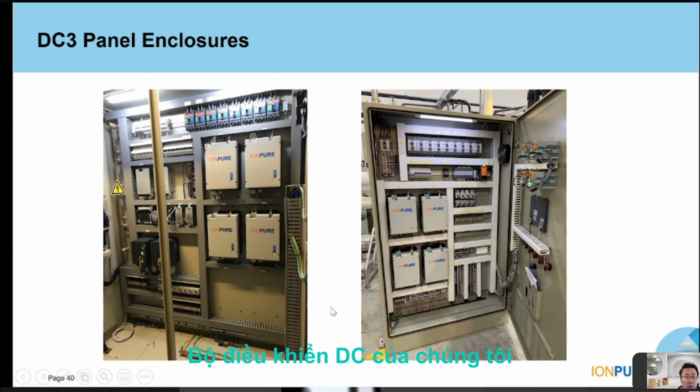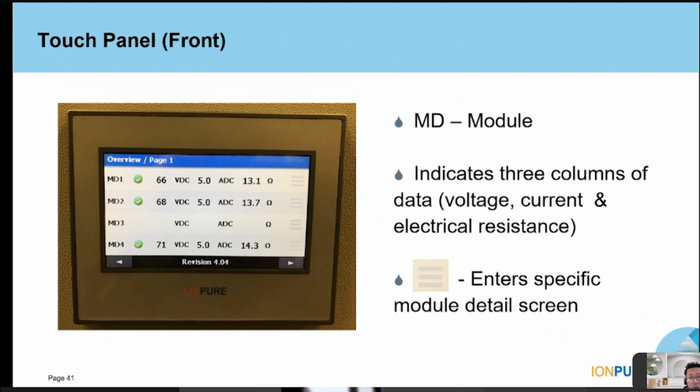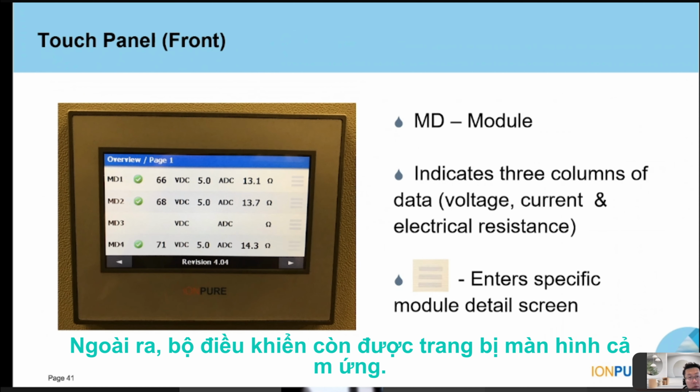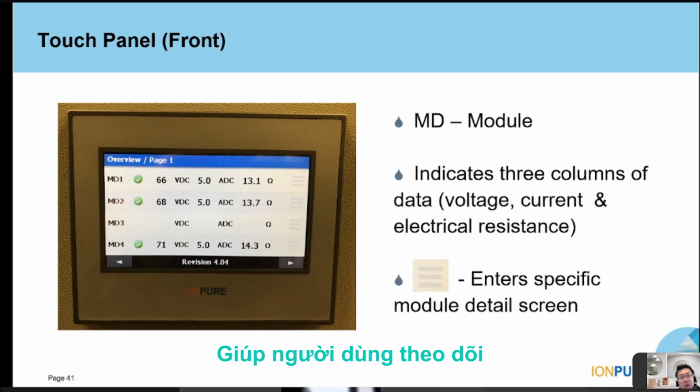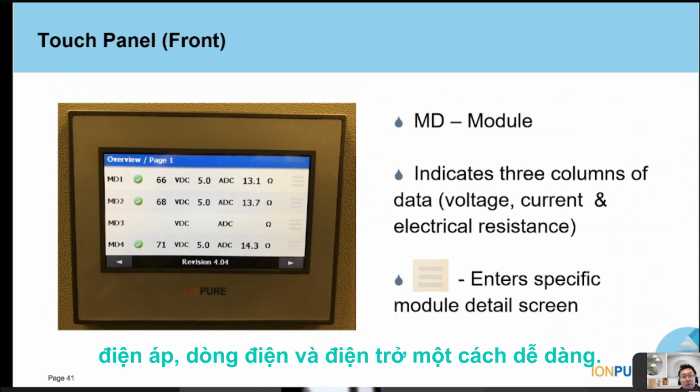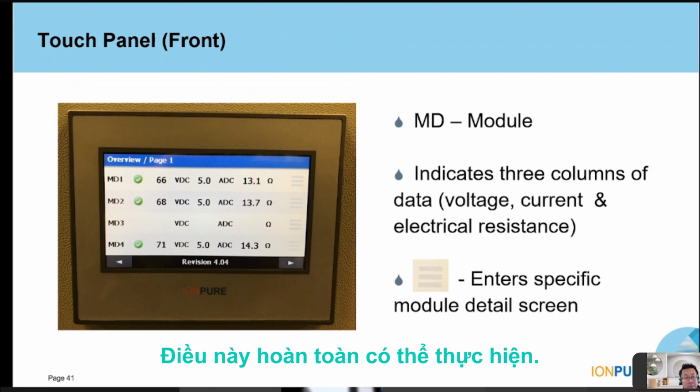So our DC controller, or the rectifier, is going to take in the 3-phase power supply straight from the factory, straight from your job site, and then convert it into DC form and power up the module. It also comes with a touch panel display, where if you want to monitor the voltage, current, and resistance, it can be done.